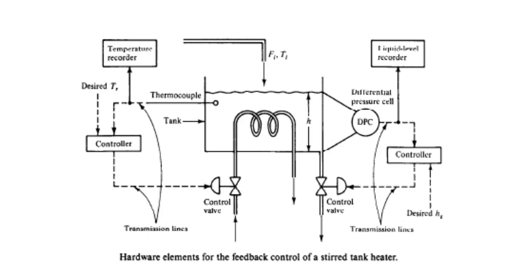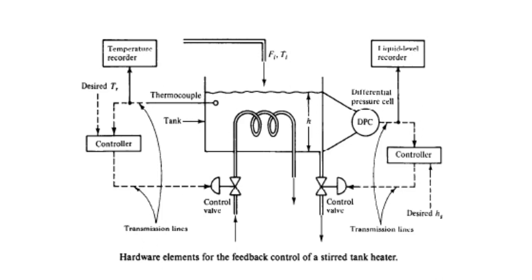So this is a combination of both feedback controller configurations, which is actually a MIMO problem. We are controlling the liquid level along with the temperature of the liquid in the tank.